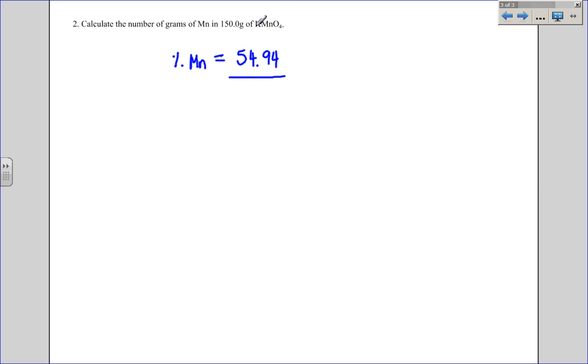So again, I'm going to take the molar masses of the individual atoms from the periodic table and add them together. I get a total molar mass of 158.04. I'm going to times that by 100. So what I find is that in potassium permanganate, the percent that is manganese is 34.76%. And this percentage will be consistent for any size sample of potassium permanganate.